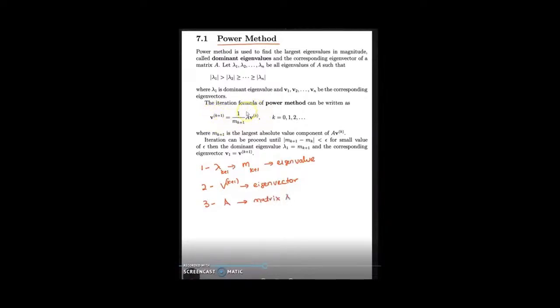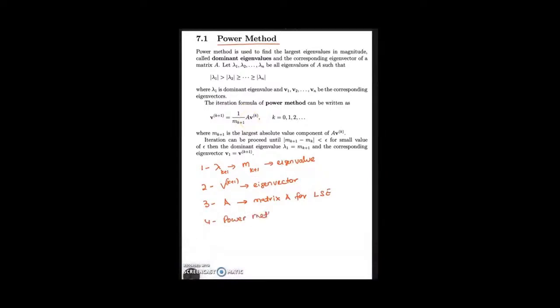To find m_(k+1), take the maximum value from the matrix multiplication A v, and then you get v and generate the next iteration, until you stop.